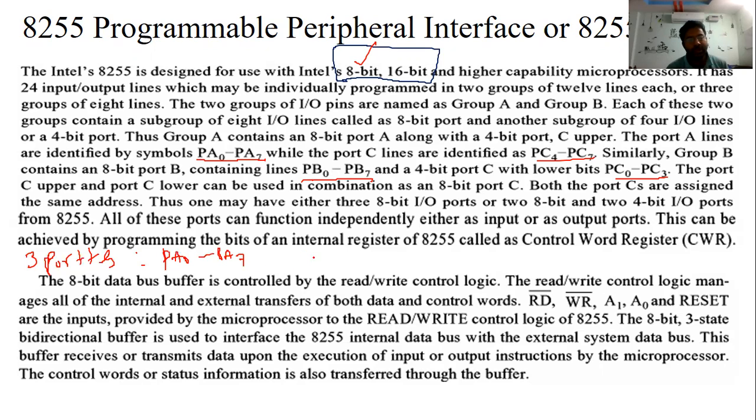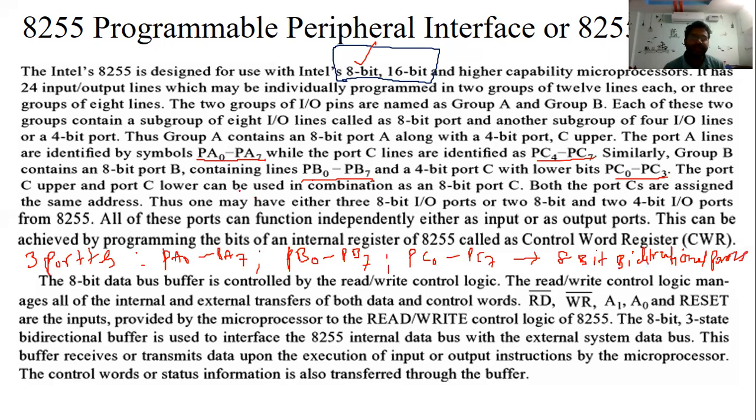The second is PB0 to PB7. The third is PC0 to PC7. These are the three different types of ports. All are 8-bit bidirectional ports.